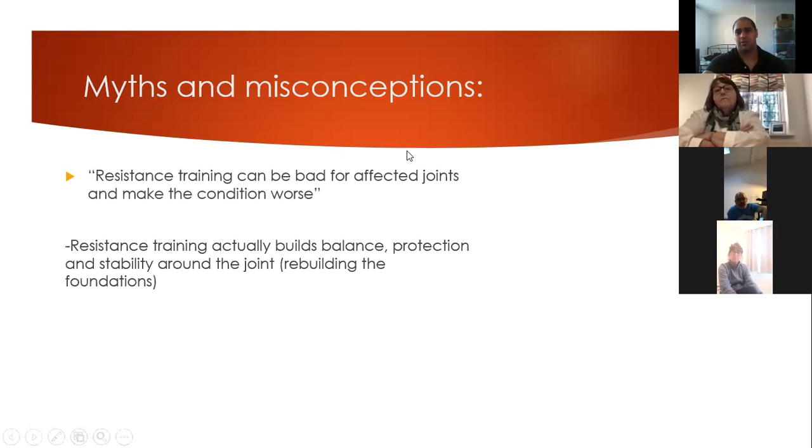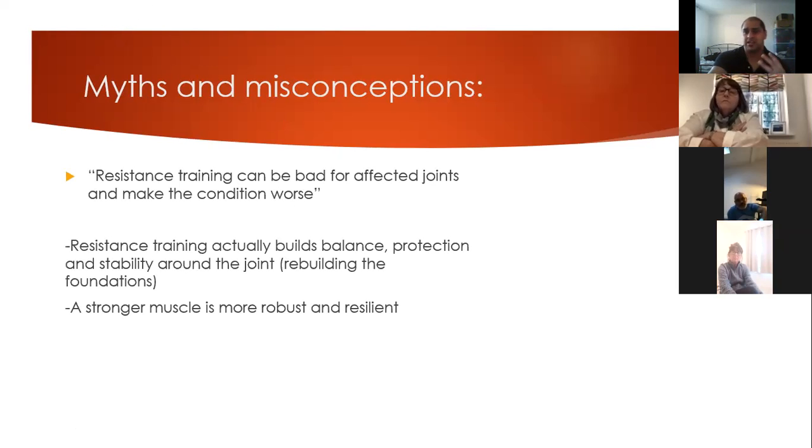Resistance training actually helps build that strength, builds that protection, that stability around the joint. Think of it like rebuilding the foundation, so to speak. So the stronger your joint is, the more support it's got. And stronger muscle is more robust, more resilient, it can handle more stress without causing damage.